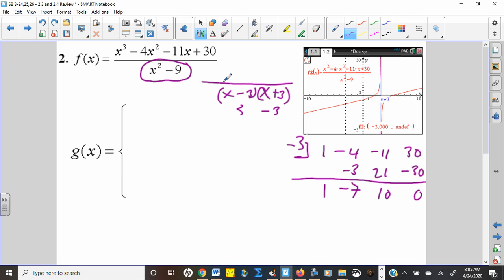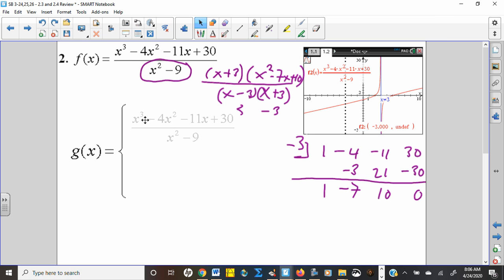So what did we do? We divided out an x plus 3, right? That's the -3 root. And what it left was x squared, that's the 1, minus 7x plus 10. So the original function is good to go everywhere except, it's getting a little bit crowded here, isn't it?